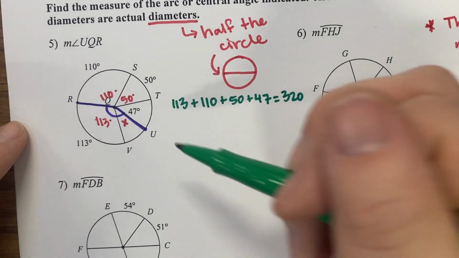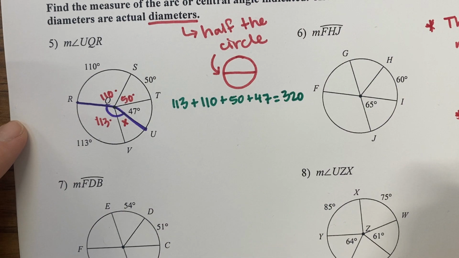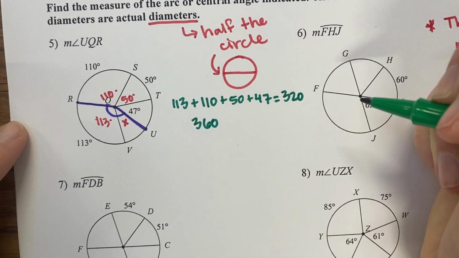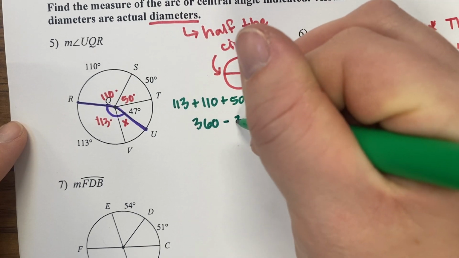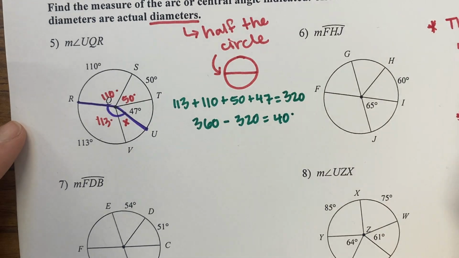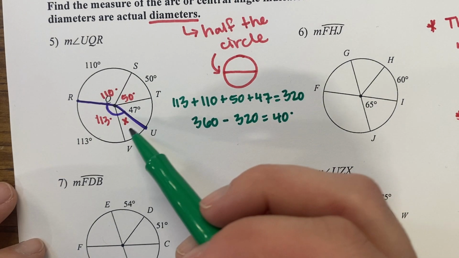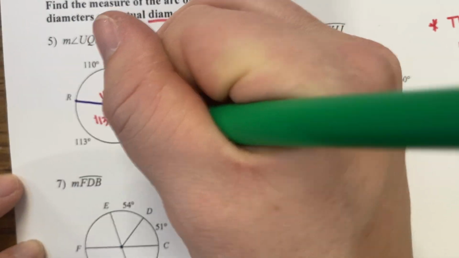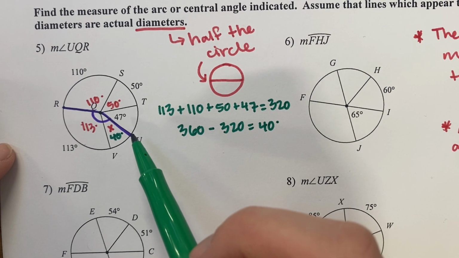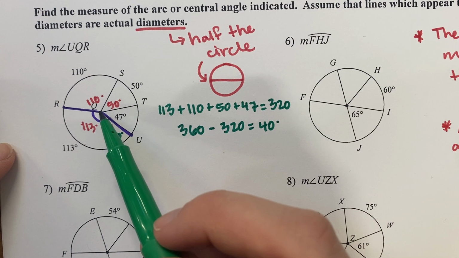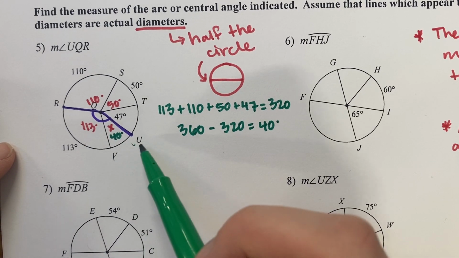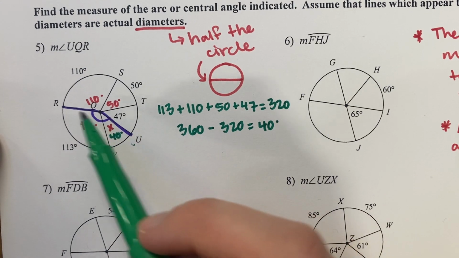Okay, well if all of that added together is 320, now we just take the whole circle, 360, minus 320, and we get 40 degrees. Meaning, this little x right here that we just found is 40 degrees. Now, that's not the angle we were looking for. That would be angle UQV, looks like, yeah, UQV. We're looking for UQR.